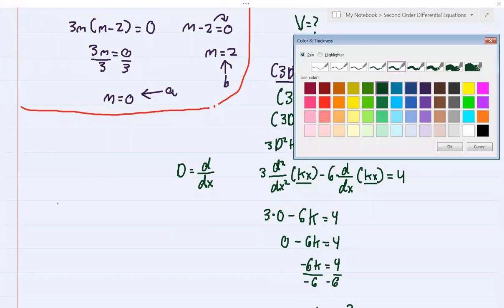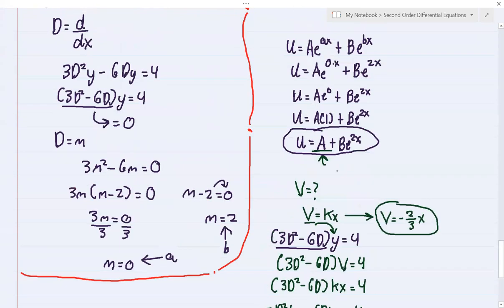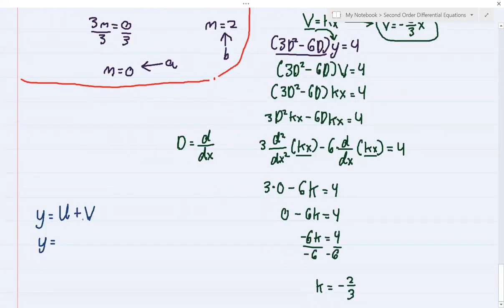Now let's compile everything. So your y is equal to u plus v. So your u here is a plus b times e raised to 2x.